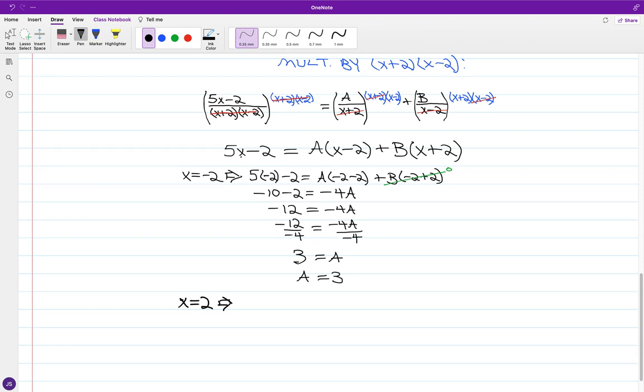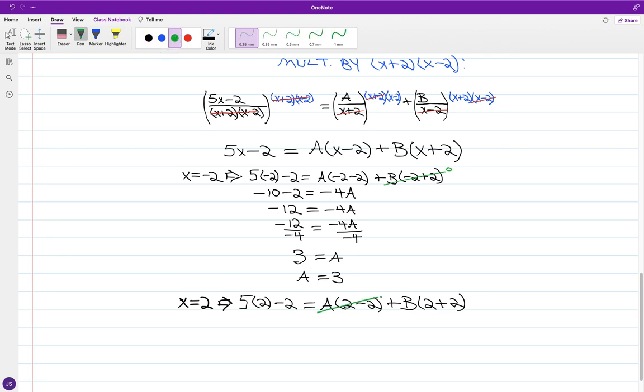And going back to the equation, we have 5 times 2 minus 2 is equal to a times the quantity of 2 minus 2 plus b times the quantity of 2 plus 2.